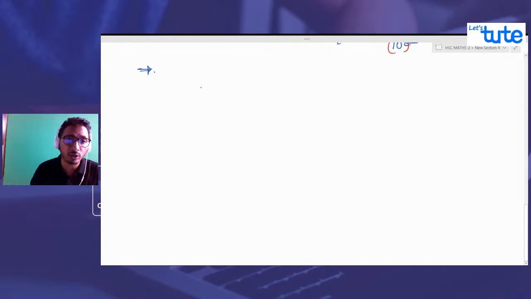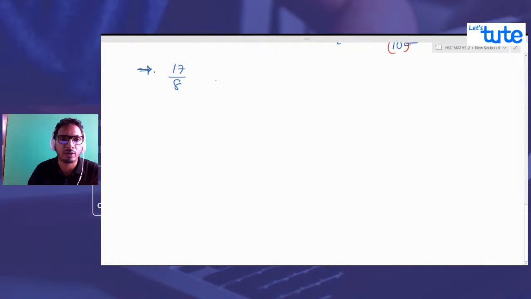We are going to check with some examples how to figure out if a rational number is terminating or non-terminating. Let us try 17 over 8. Of course, this is a rational number, a ratio of two integers, 17 and 8, and we have to check if it is terminating.